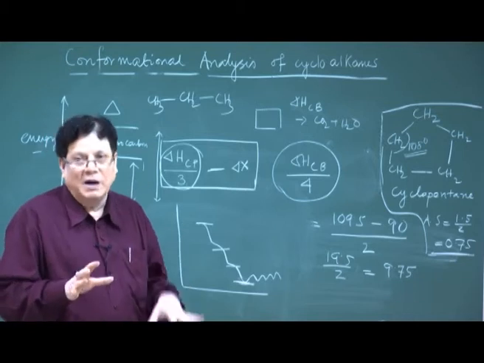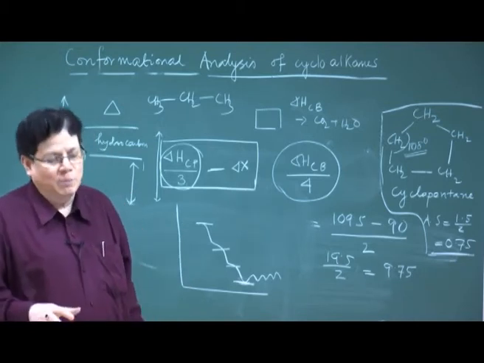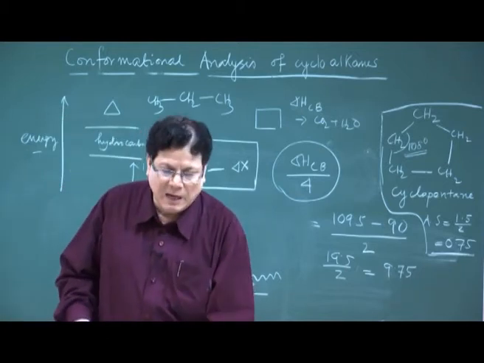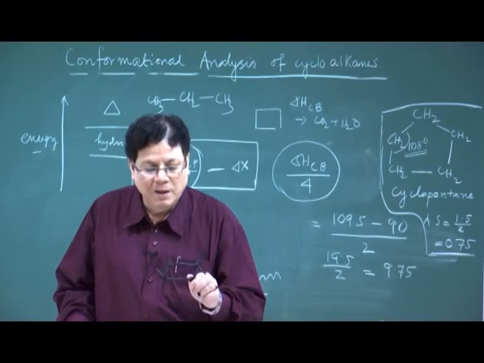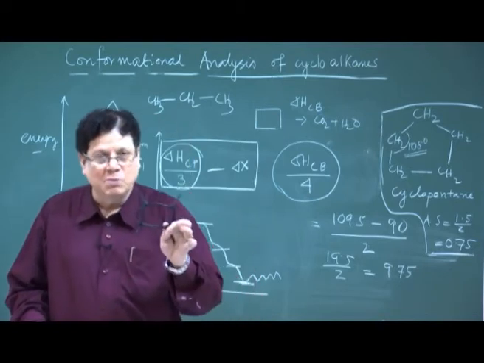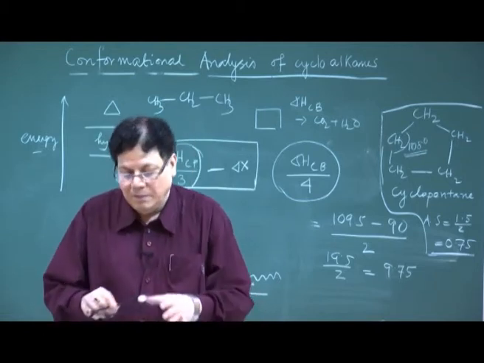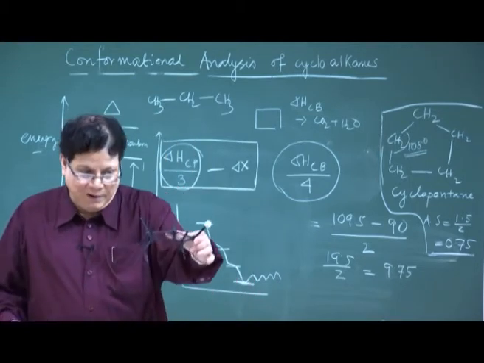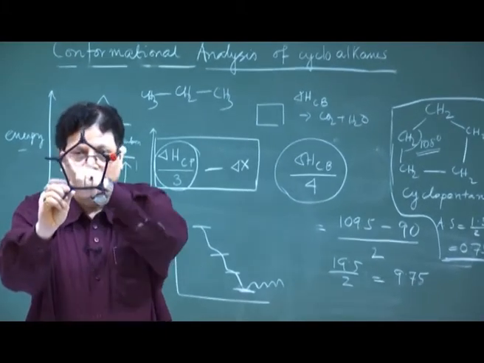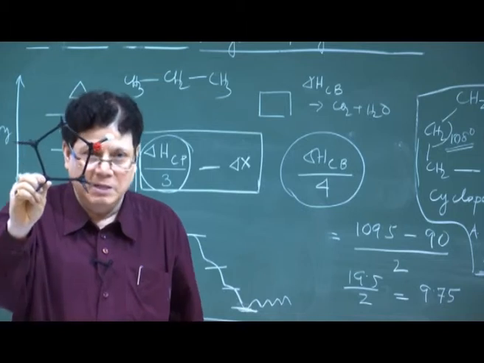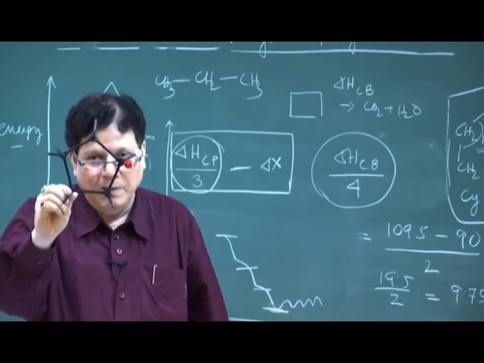So, the first thing we have learned is that the strain theory holds good for cyclopropane, and then cyclobutane is also unstable, but more stable than cyclopropane. Cyclopentane is a 5-membered ring where the bonds are almost linear, there is no bending of the bonds, so there is very minimal angle strain.